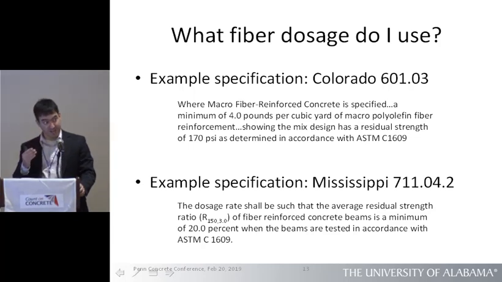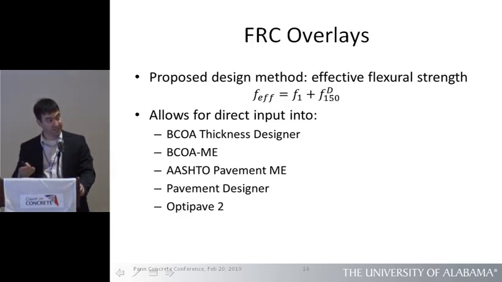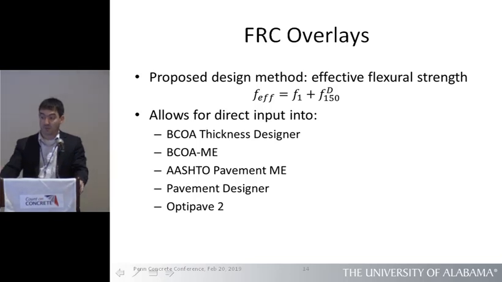But then what do you do with that number? How do you actually account for it in your design? Well, the proposed method is to simply take F1, which is your MOR value, your flexural strength value, and then add that 3 millimeter deflection value to it to get an effective MOR. Because the software out there right now does not really allow you to input that whole curve of your mixture.